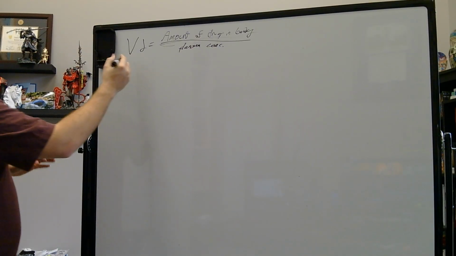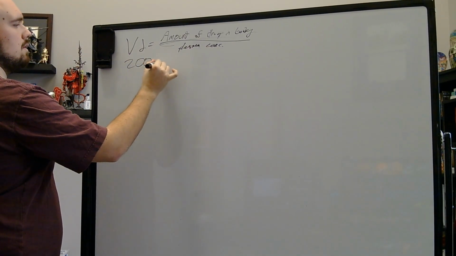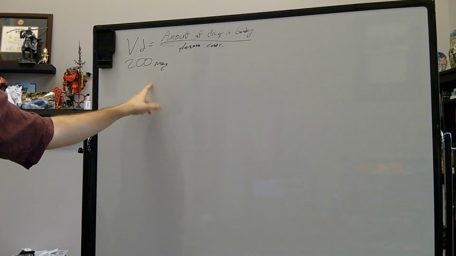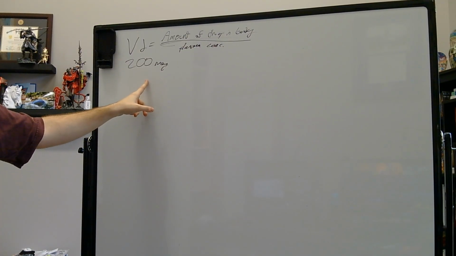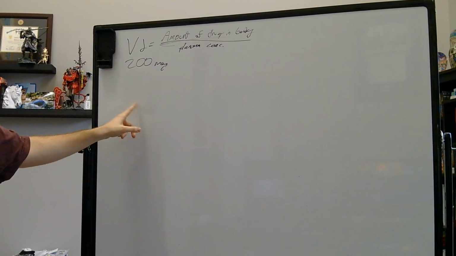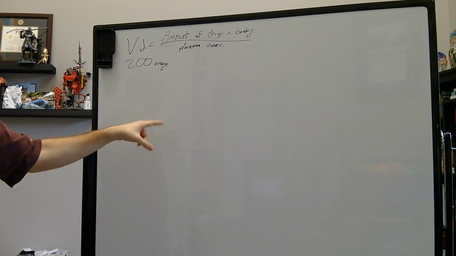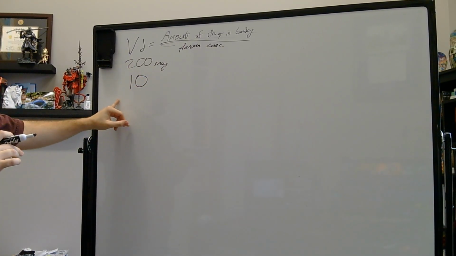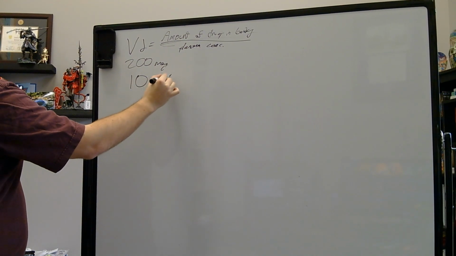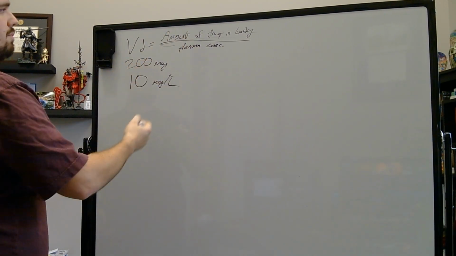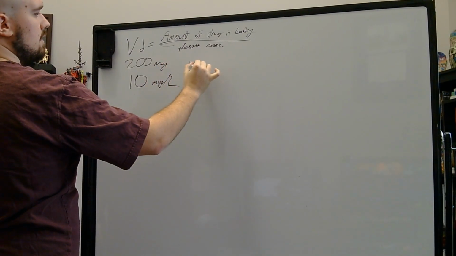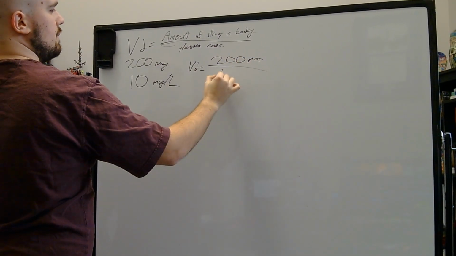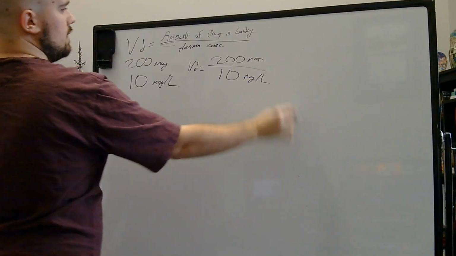So let's say we gave a patient a 200 milligram IV bolus of a drug. Immediately after dosing, they got a plasma concentration of that drug in the blood of 10 milligrams per liter. You just plug it in here. So VD equals 200 milligrams divided by 10 milligrams per liter.